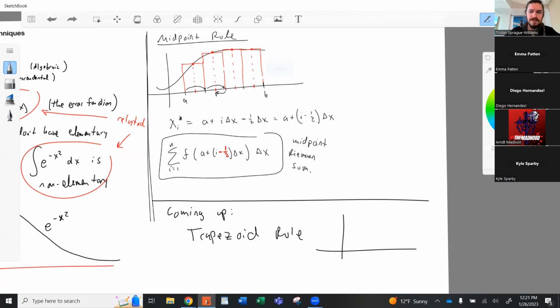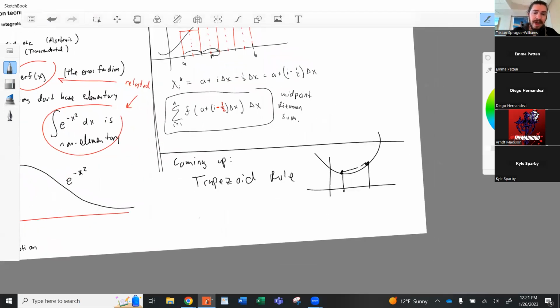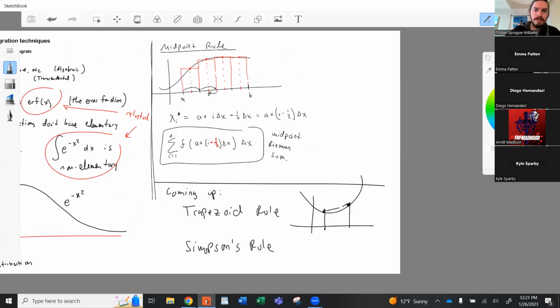So if your function gets really steep or curvy or whatever, you connect the points with straight lines and you make trapezoids. And then we have one called Simpson's rule, which we'll get to another day. Simpson's rule is this fancy thing where you're approximating with parabolas.